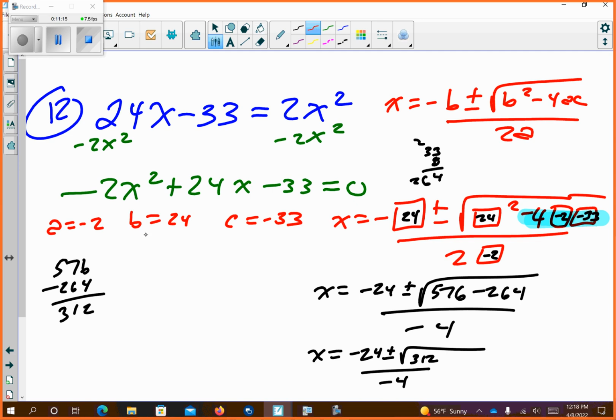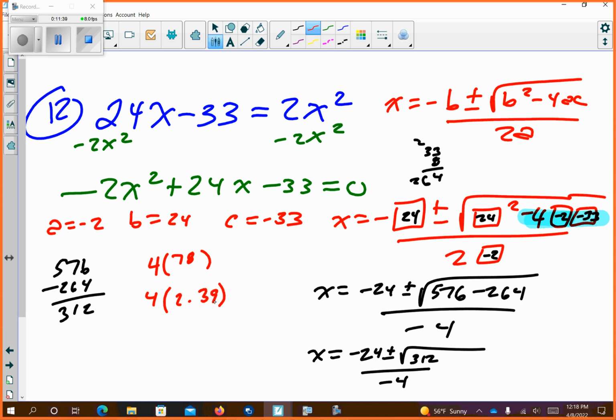Let's see. Yeah, 312. Okay, I think 4 times. Anyone have a calculator? What's 312 divided by 4? 78. Okay. 78 breaks down to 2 and 39.